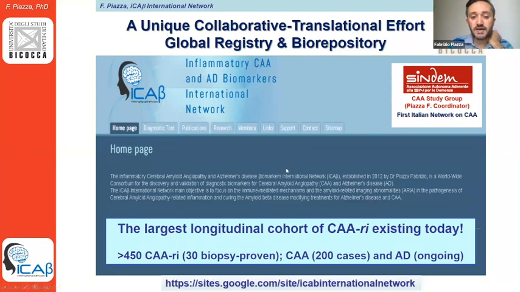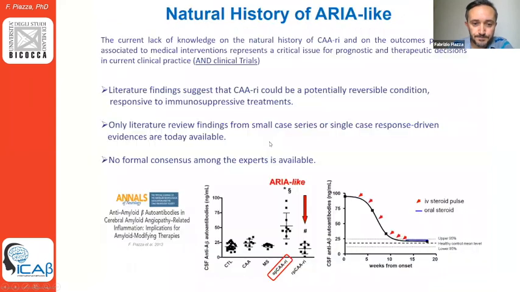They can contact us, and spontaneously enter into the network and so provide important information to discover new biomarkers, to understand the disease, to discuss these recommendations, and to understand how to treat these patients. Today, the iCAB network accounts for the largest longitudinal cohort of CAA-ri with more than 550 CAA-ri and also biopsy-proven cases, sporadic non-inflammatory CAA, and also AD patients.